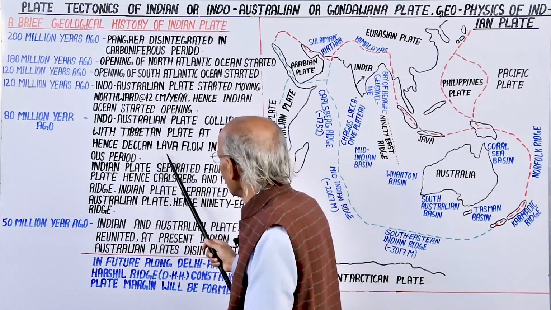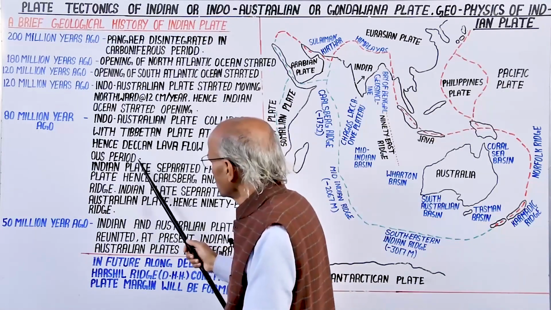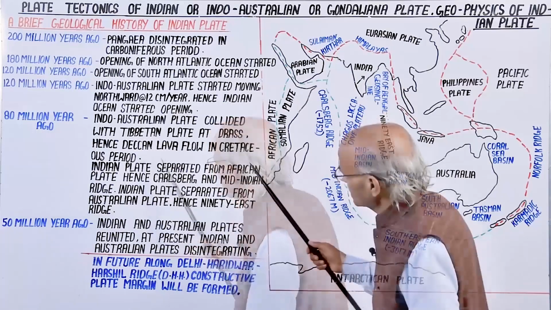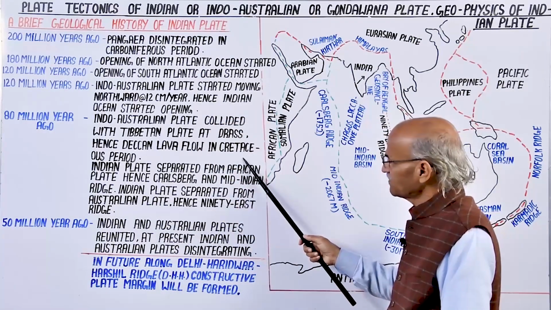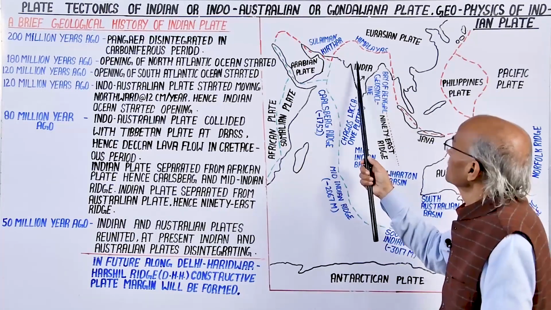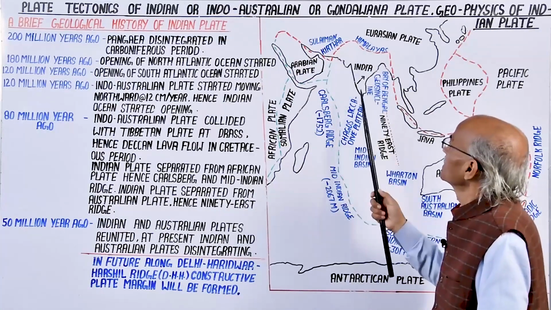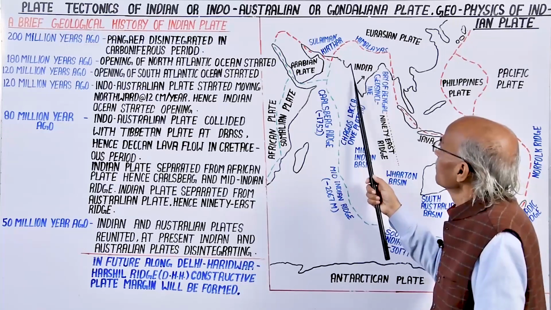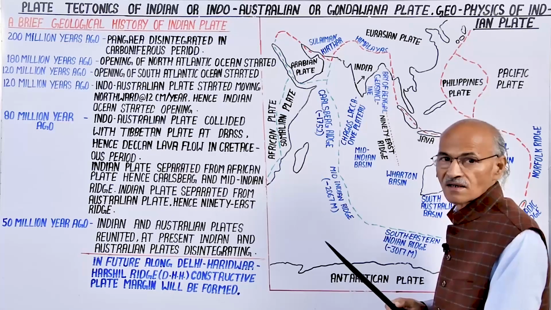Hence, Deccan lava flow in the Cretaceous period. This is the time of the Cretaceous period. Why? Due to the collision of the Aravalli with the Tibetan plate. Why lava in the Deccan region?